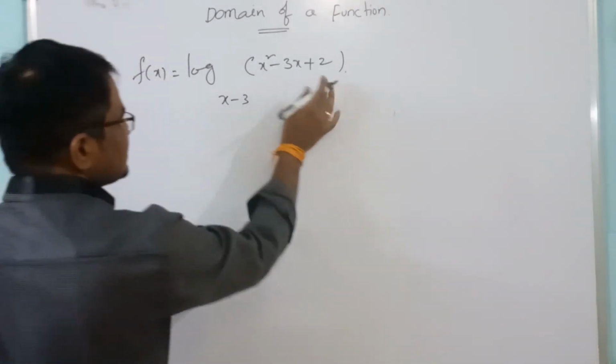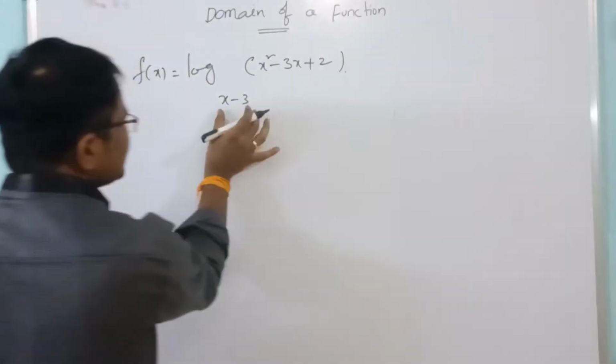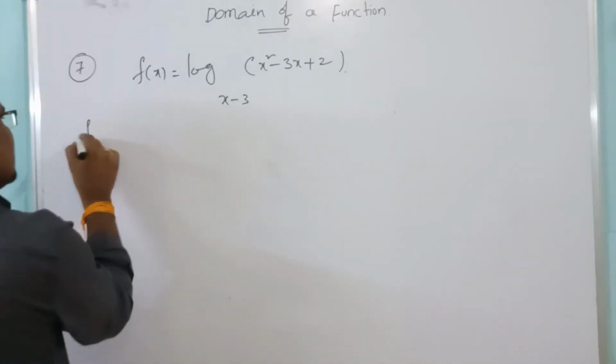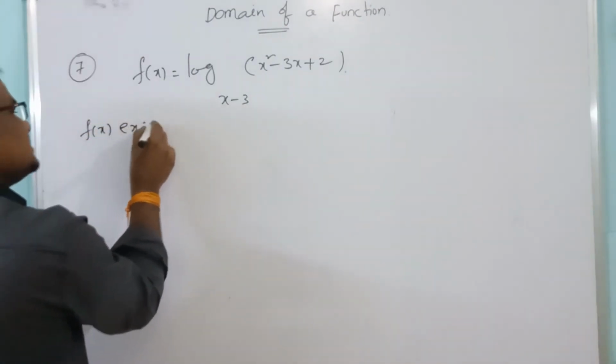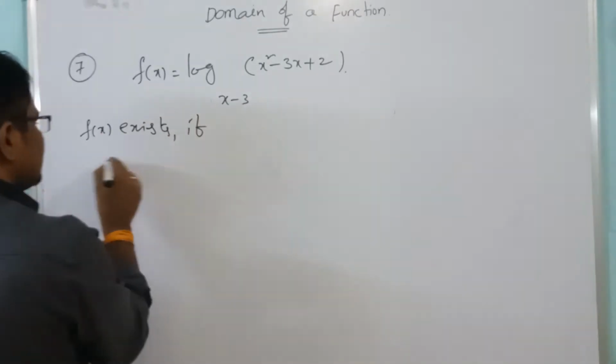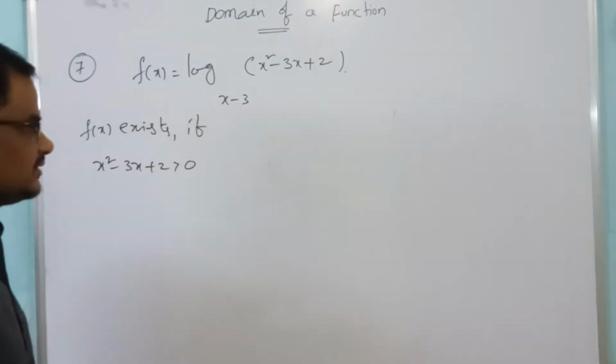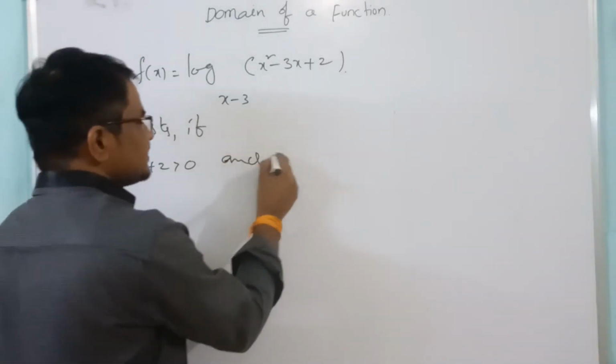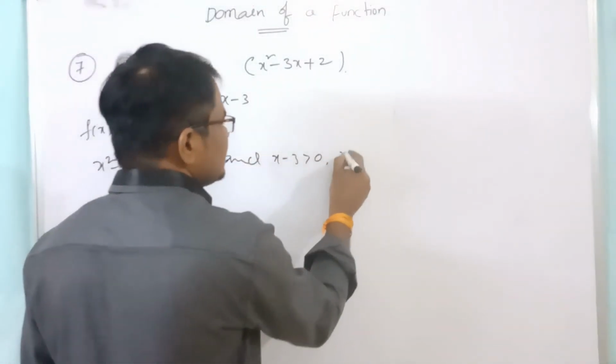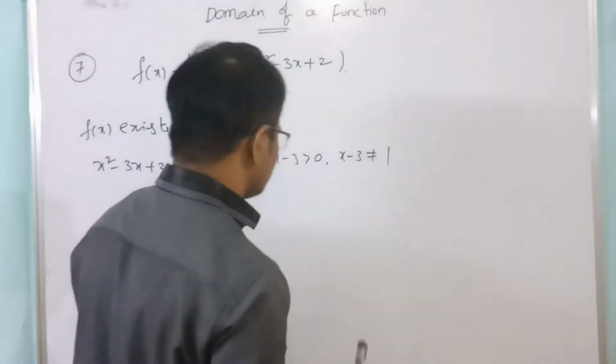So what are the conditions? It is in the form of log f of x to the base g of x. f of x exists if x square minus 3x plus 2 greater than 0 and g of x greater than 0, g of x not equal to 1.